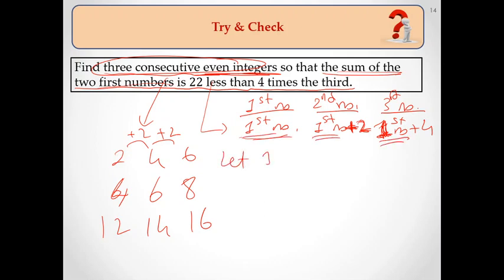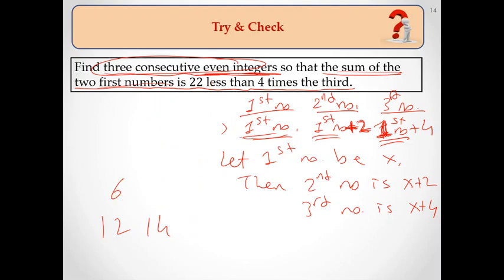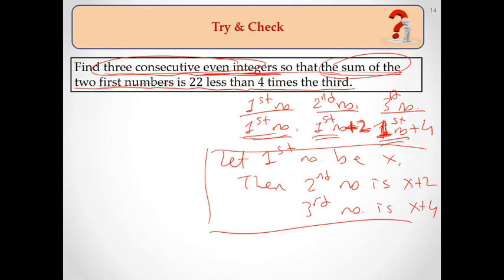So let the first one be x, then the second number is x + 2, and the third number is x + 4. Okay, now we have all the numbers in terms of x, and then we use this information in setting up the equation.